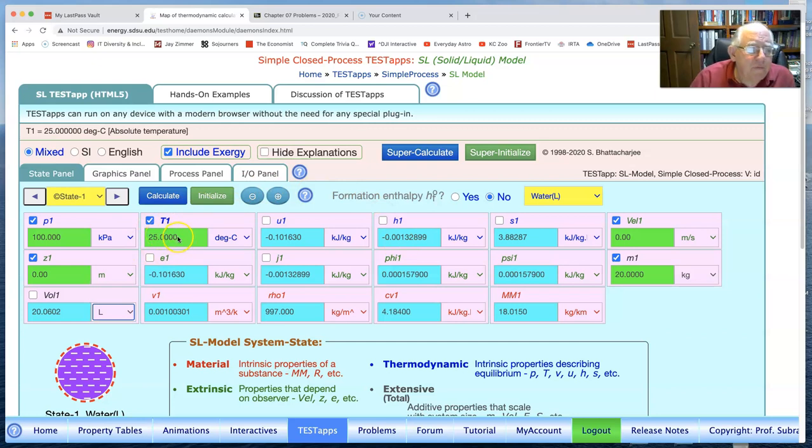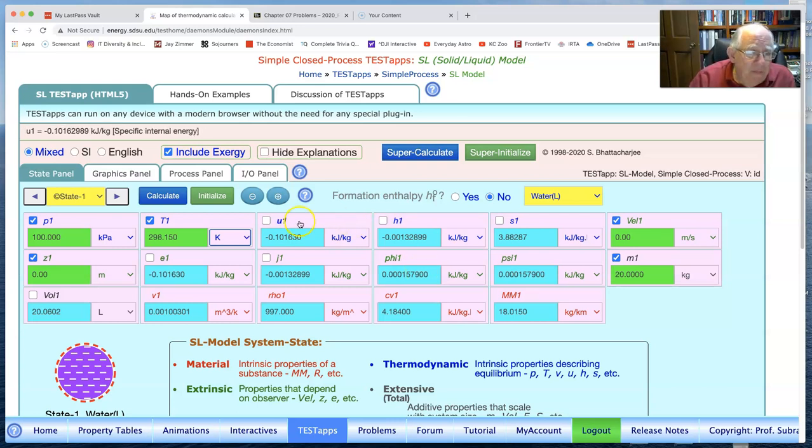It's only 25 degrees, and we had said the dead state was 298, which is just a little bit below that. If I were to switch this over to Kelvin, we're actually looking at just 0.15 degrees above the dead state. And so therefore there's a slight amount of exergy for the liquid water at this condition.